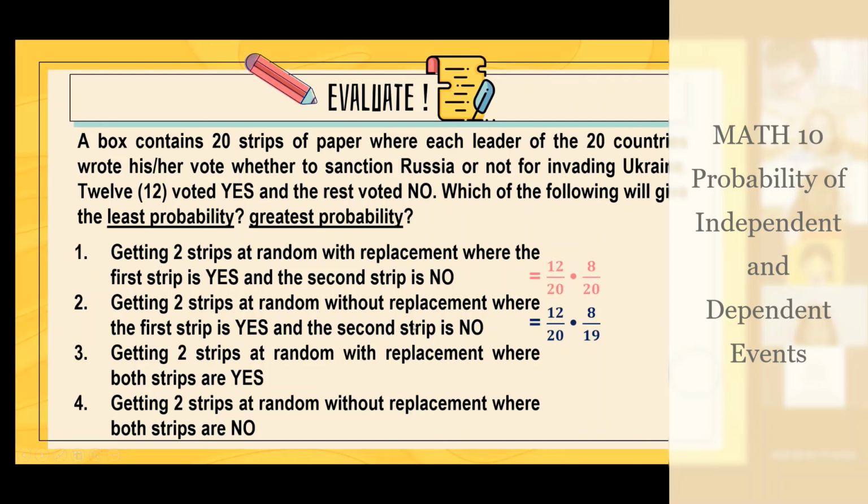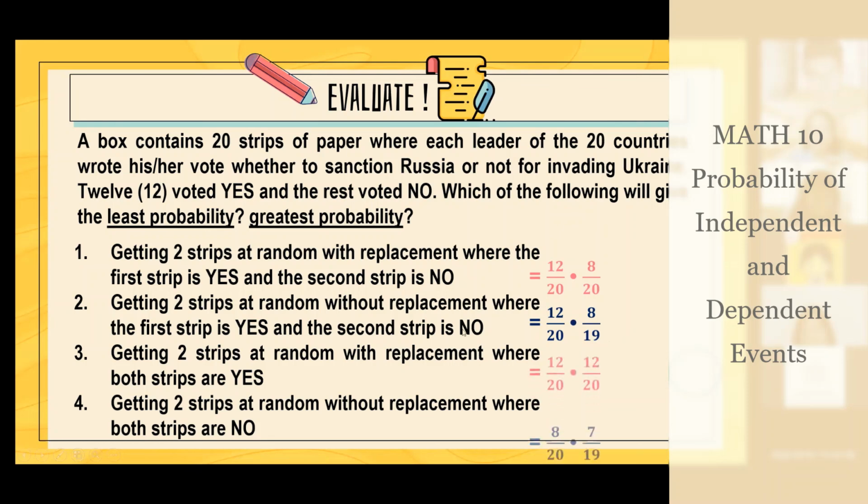It means dependent. That's why 12 over 20 times, instead of 8 over 20, this time 8 over 19. So numbers 1 and 2 are the same, only that the first one is with replacement, the other is without. But the same given, the same 2 strips, yes or no. So 8 over 19, just to show you the difference.